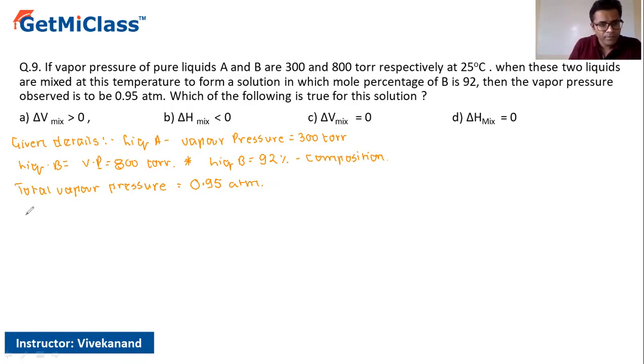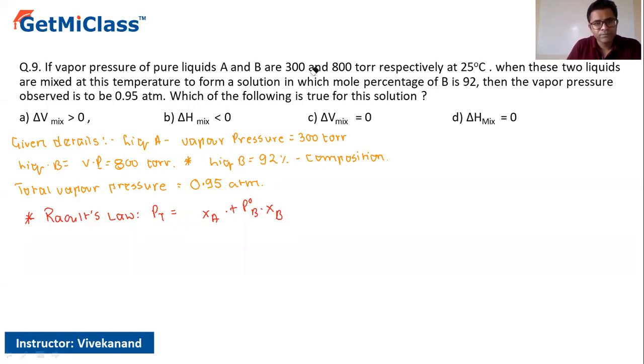So now, in this entire case, let's use Raoult's law. According to Raoult's law, P_T is equal to P naught of A into chi of A plus P naught of B into chi of B. This is what we know, right?